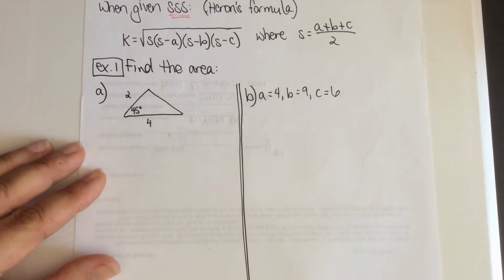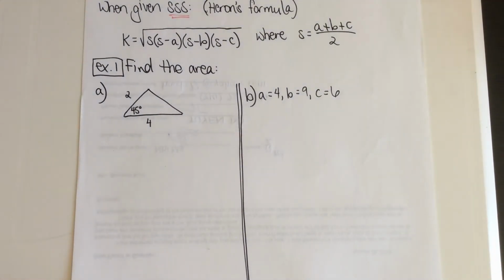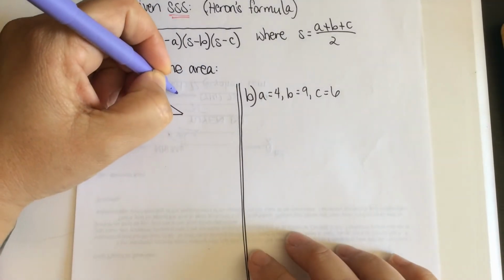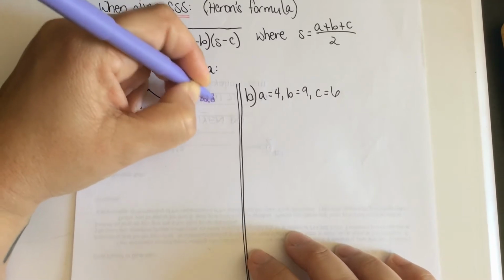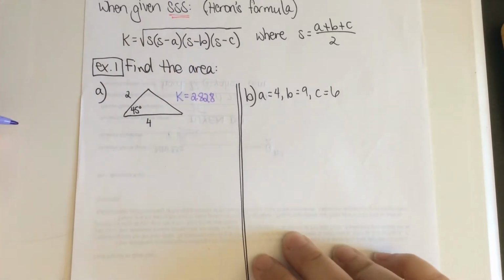Okay, so if you got, oh, hold on, let me grab my calculator because I only have it to 2 decimal places on this paper that I have, and you all know that I like to round to 3 decimal places. Okay, if you got that the area is 2.828 on this one, then you got the right answer.